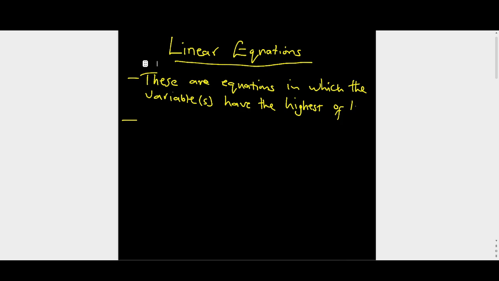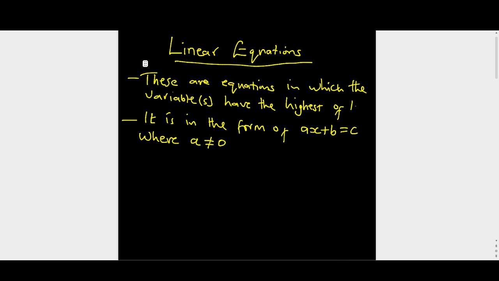So that is a linear equation, and it is in the form of ax plus b is equal to c, where a is not equal to 0. So this is the form of a linear equation.